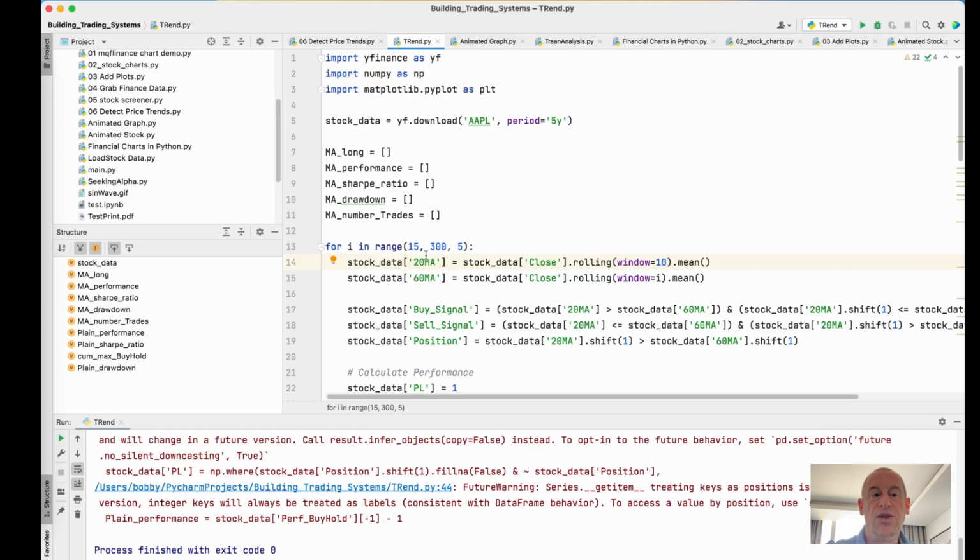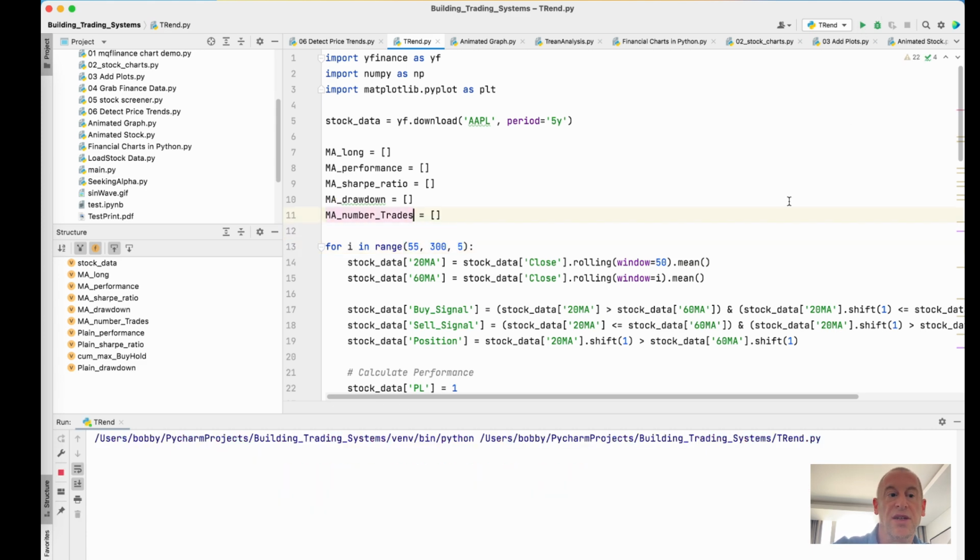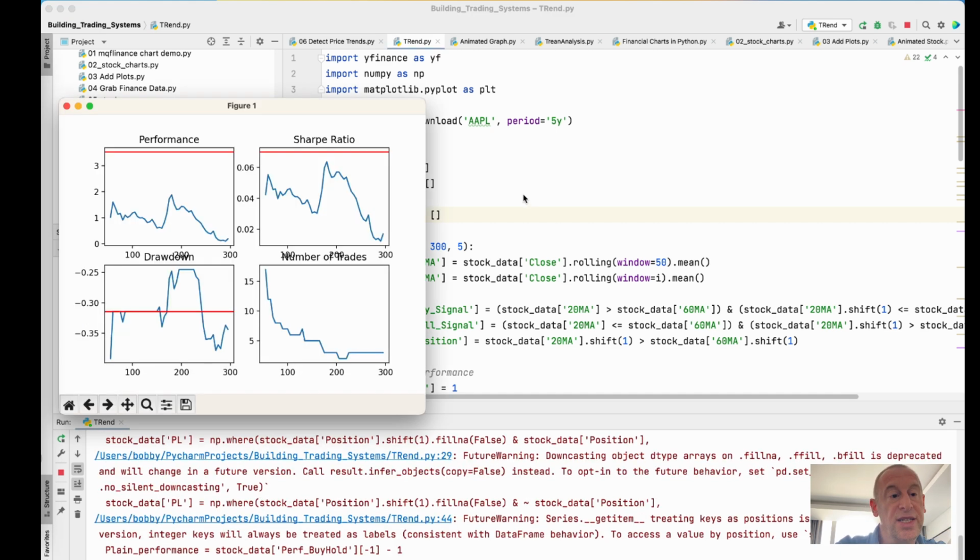Then I will show you what happens if I start with a longer moving average. For example, the short is 15 days, then here I have to start with 55 days. And I wait for the results.